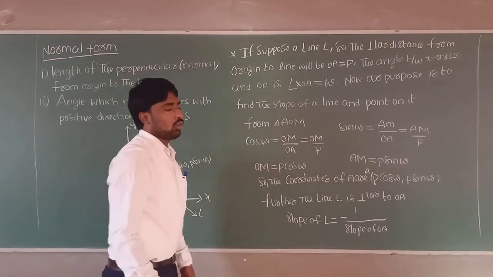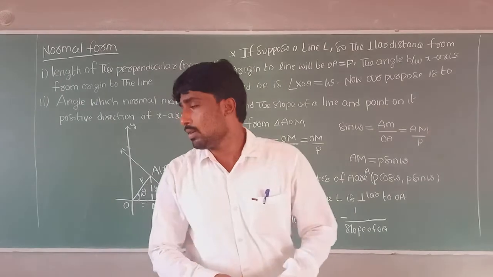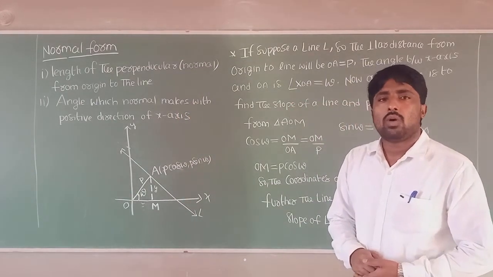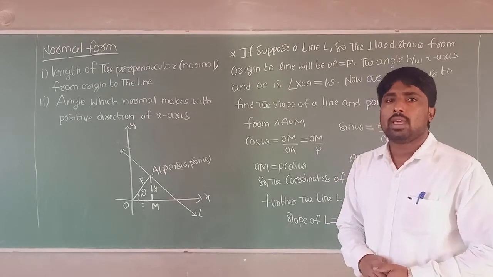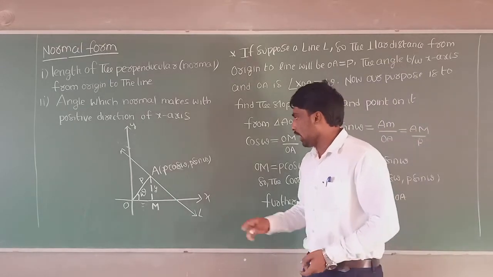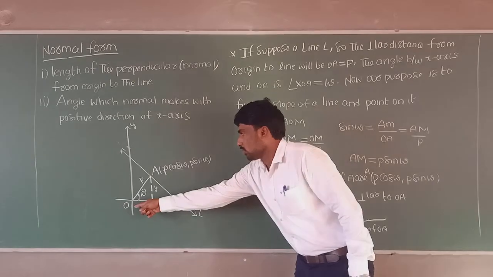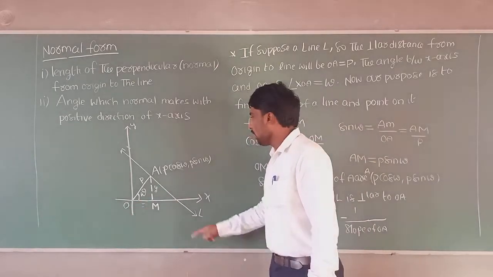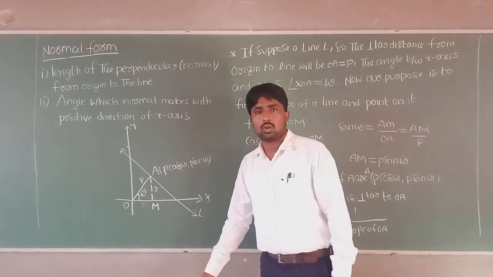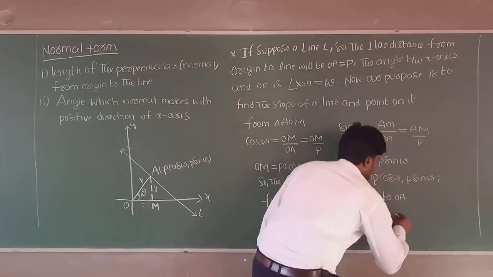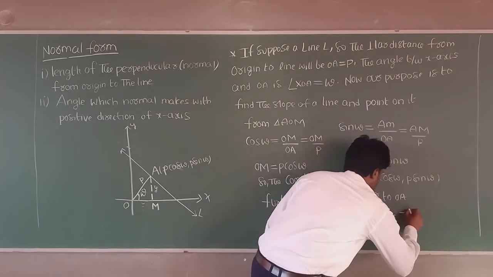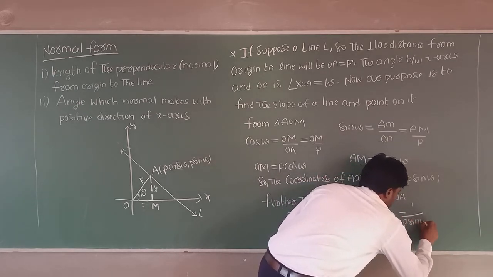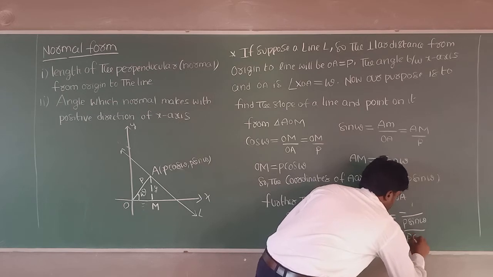Okay. Now how to find the slope of a line passing through 2 points? Okay, we have a formula: y2 minus y1 by x2 minus x1. You see here y2 minus 0. So this is 0 comma 0. P sin omega minus 0 by P cos omega minus 0. Okay. So finally here I will get -1 by P sin omega by P cos omega.